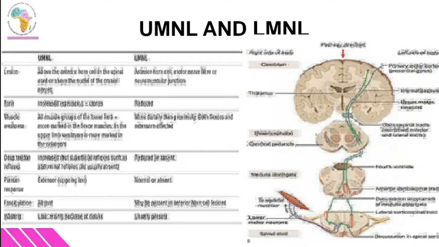Examples are the trigeminal nucleus and the facial nerve nuclei, and the nucleus ambiguus, which has a couple of cranial nerve nuclei involved in speech, swallowing, and articulation. So these are examples of upper motor neurons and lower motor neurons.